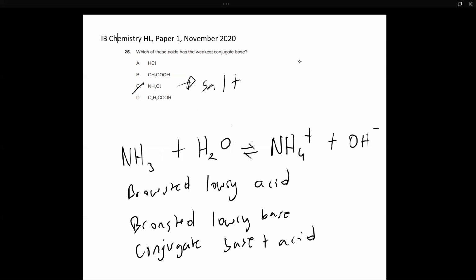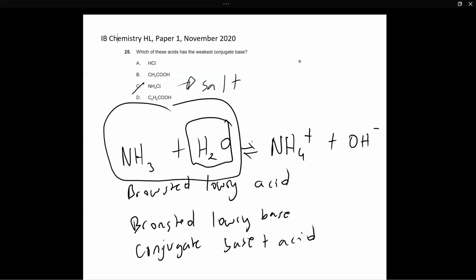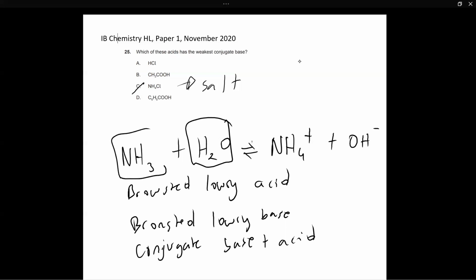What is a Bronsted-Lowry base? A Bronsted-Lowry base is any substance which receives or consumes H plus. In this reaction's case, the Bronsted-Lowry base is NH3 because it accepts the hydrogen given by water.